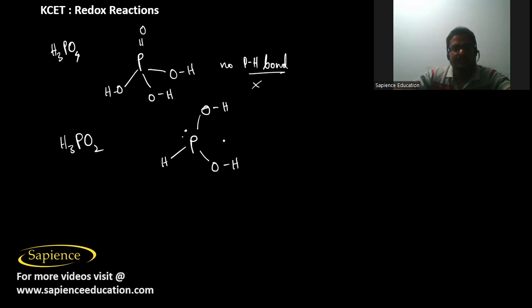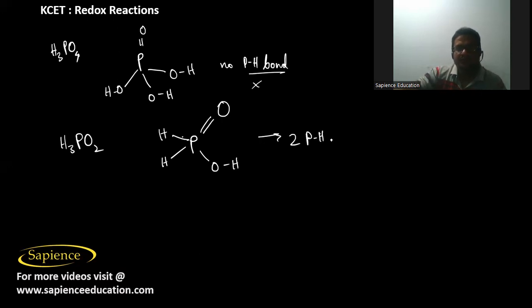H3PO2. Or I think that is wrong. Here one more P-H bond is there. Here we have one oxygen. H3PO2. Okay. So here we have two P-H bonds. So it means that it can reduce silver nitrate AgNO3 to silver.